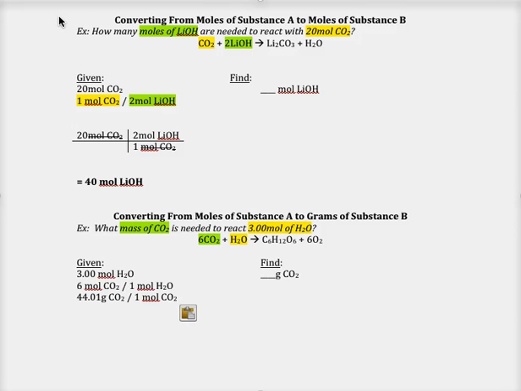All right, here's what I'm given from the problem, 3 moles of water. I see that there will be 6 moles of carbon dioxide needed to react with 1 mole of water in order to form whatever these products are here. The other piece of information I need is the molar mass, because I'm going to be converting into some final grams of carbon dioxide.